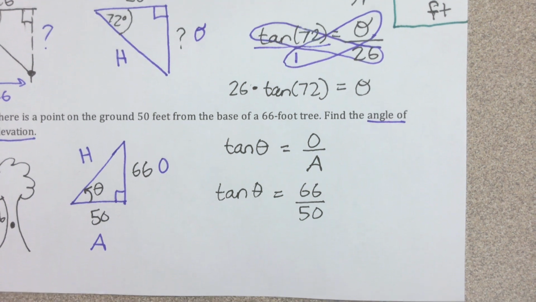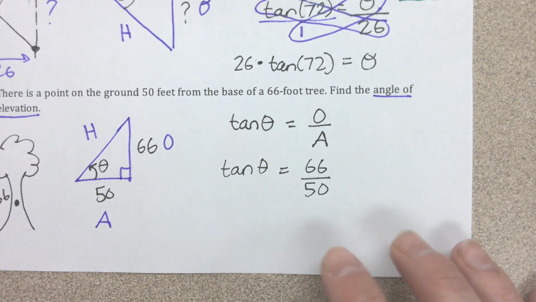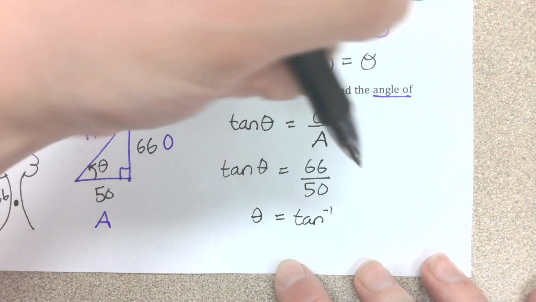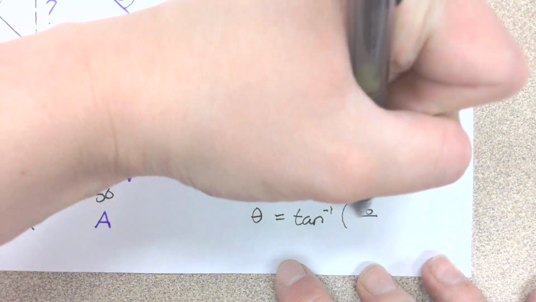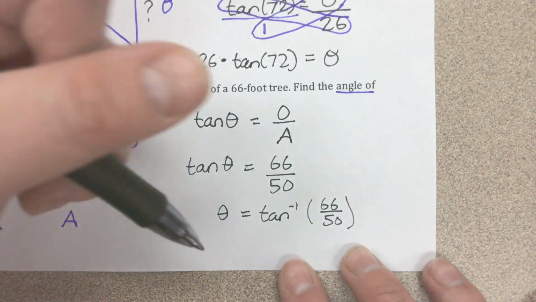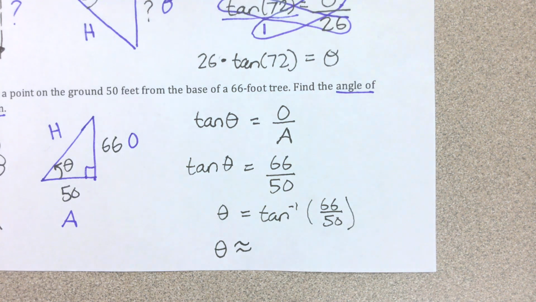This is something we've been doing on repeat for about the last week. How do I solve for theta? Inverse. Yeah, use the inverse tangent. Theta equals inverse tangent of that fraction, 66 over 50. Reminder, this is in the context of a triangle, not a triangle on a plane.